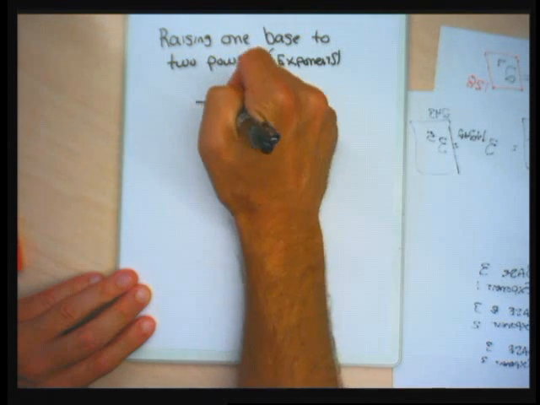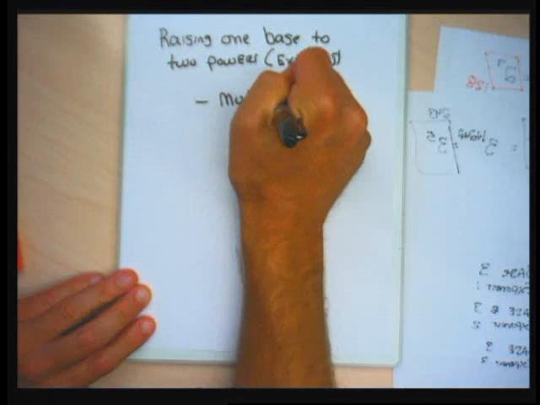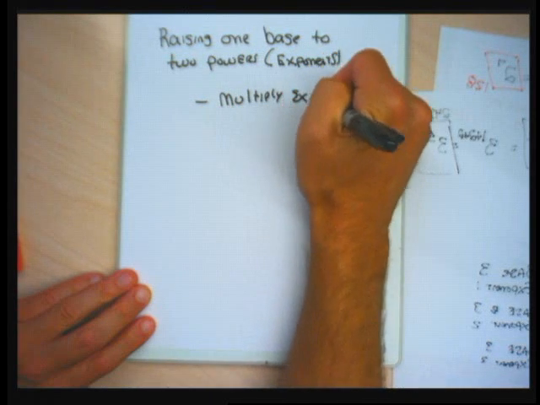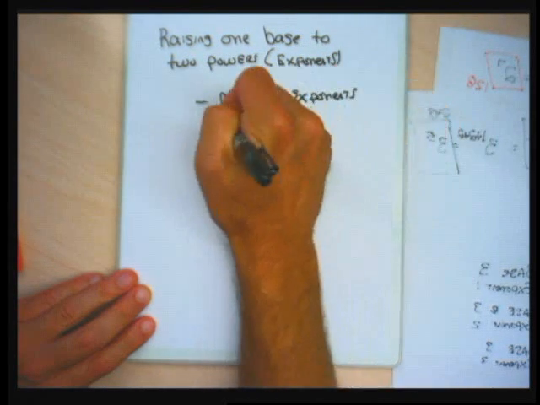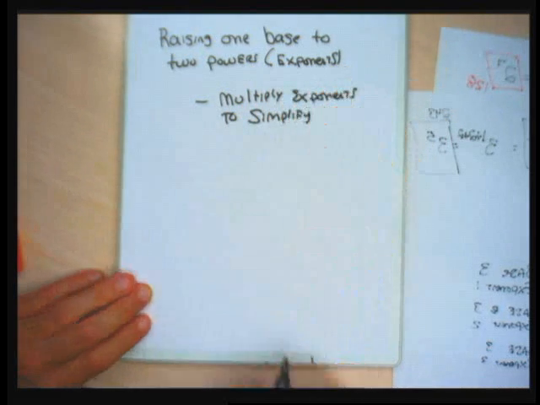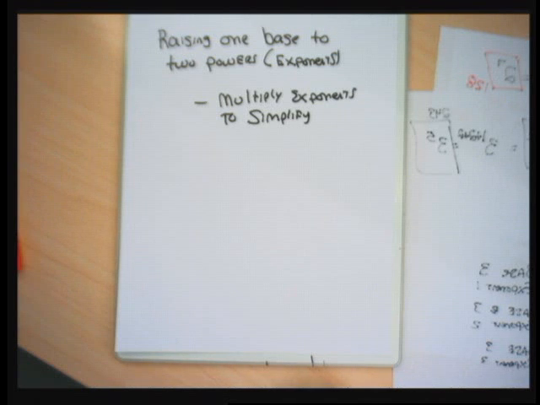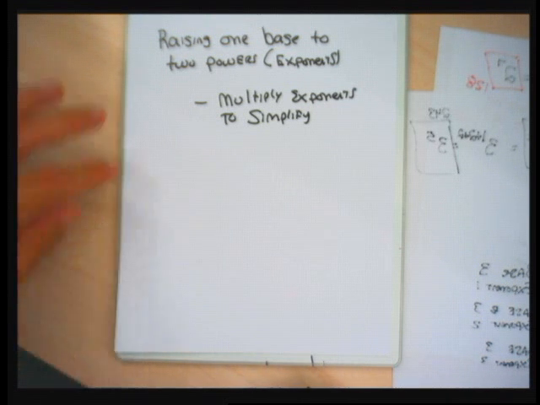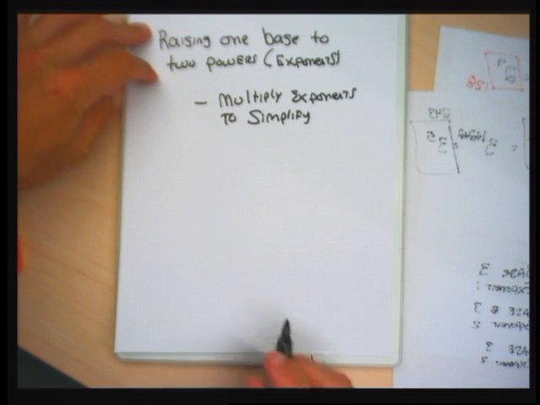For this, you multiply the exponents to simplify. These kinds of problems almost always have parentheses with an exponent inside and outside the parentheses. So this is an example of raising one base to 2 powers.